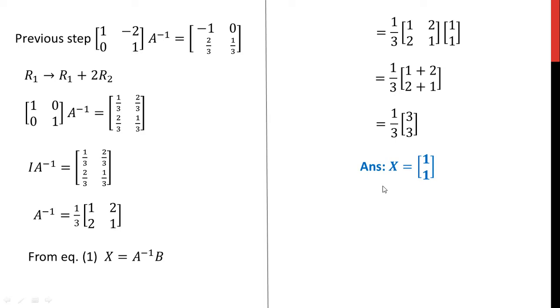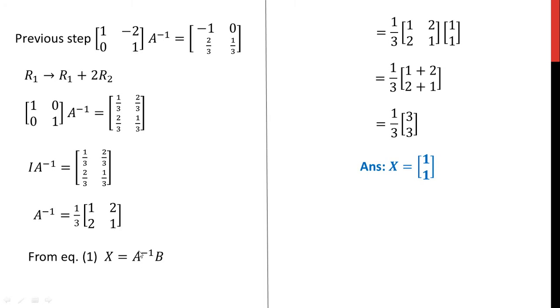So this is our answer. In this example we modified the equation given to you, that is Ax is equal to b, such that it gives x is equal to A inverse b by pre-multiplying by A inverse.